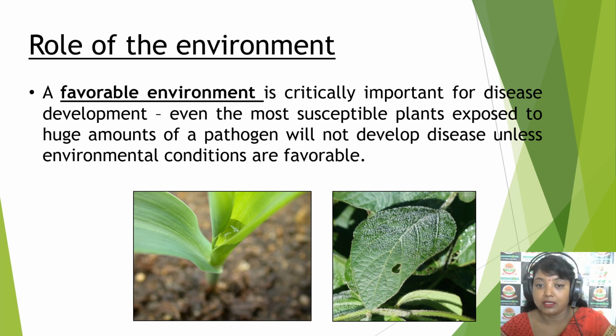Unless the environment is suitable, the disease will not occur. So the role of the environment is very important. The host should be there, the pathogen should be there, and also the environment. Environment plays a very critical role in causing disease.